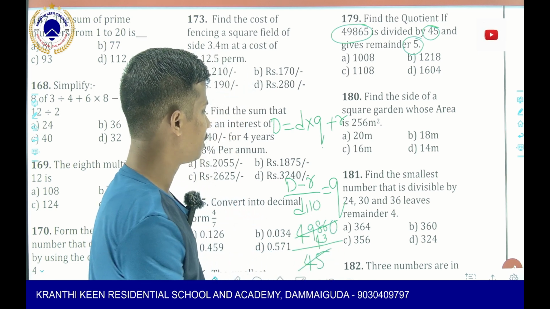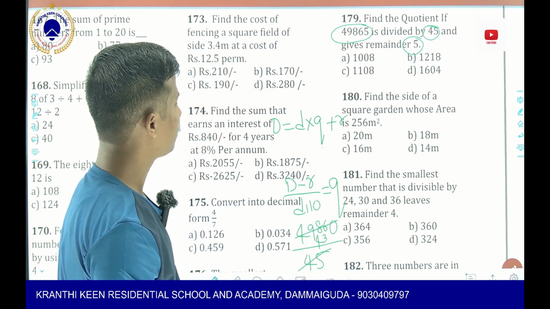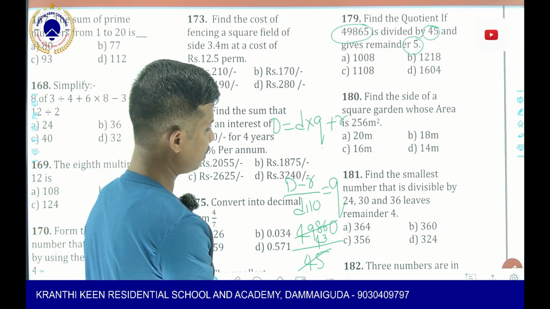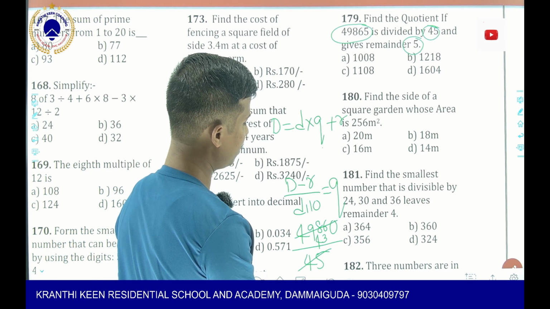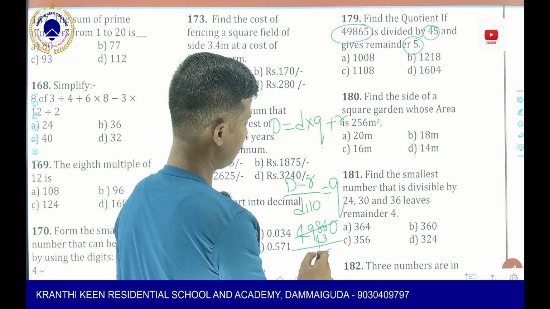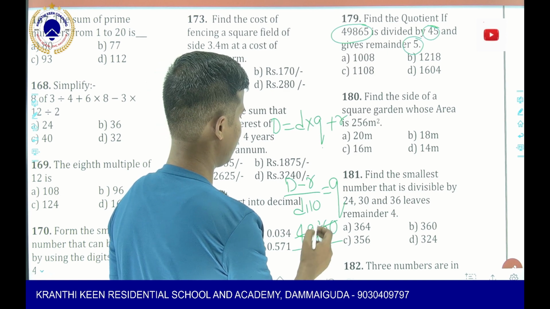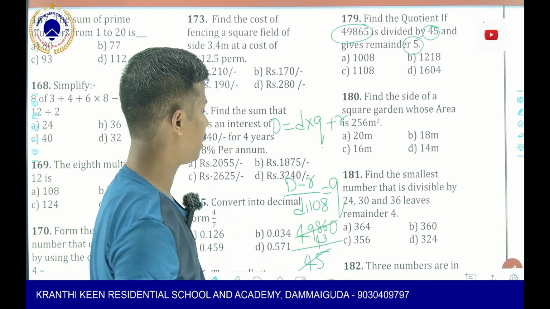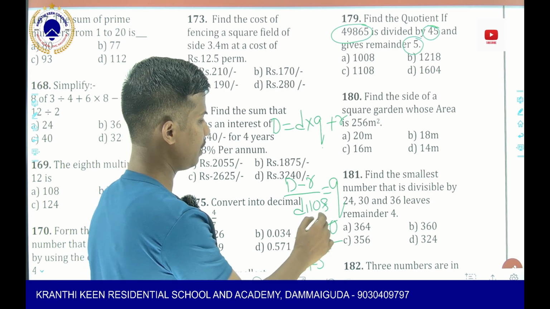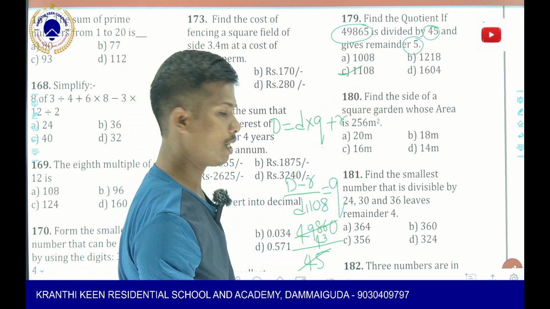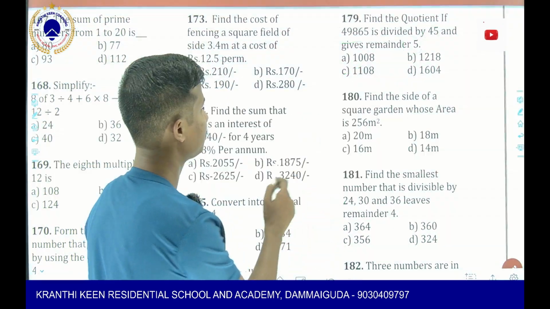Then you can take 360. 45 into 8 is equal to 360, no? We'll get the answer as 1108. Okay.